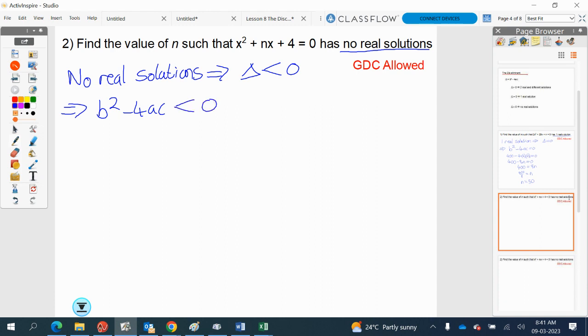So here in this equation, we can see that a is equal to 1, b is equal to n, and c is equal to 4. So we can put these into the discriminant, and it gives us n squared minus 4ac is less than 0, which gives us n squared minus 16 is less than 0.